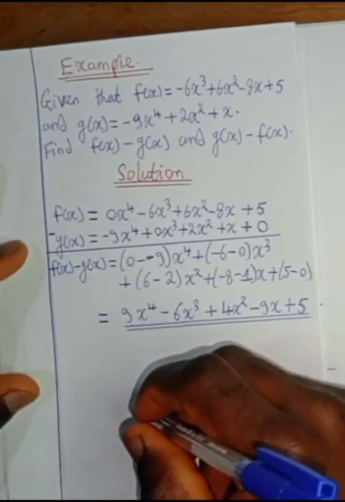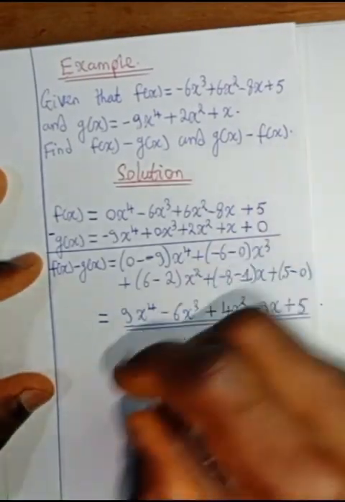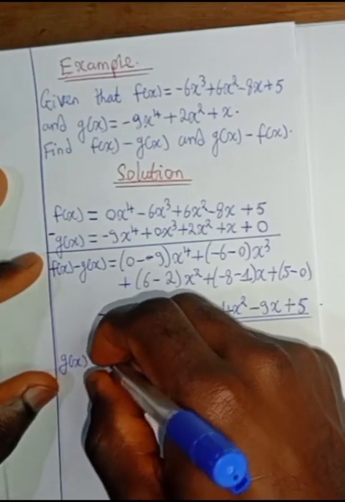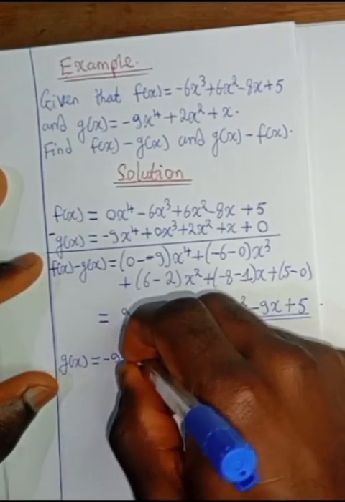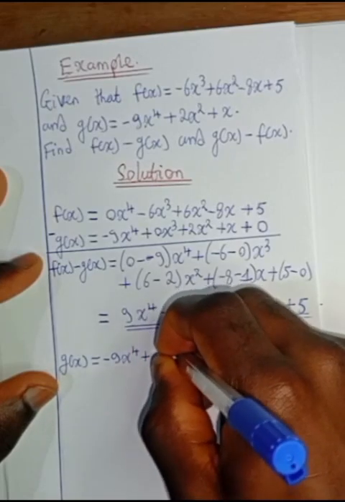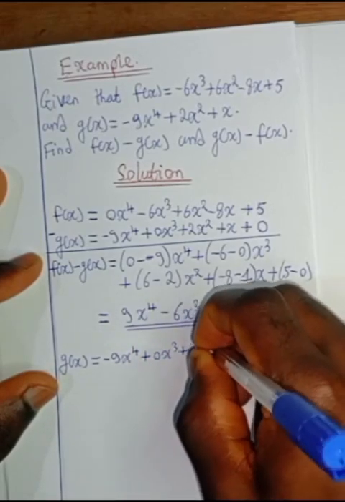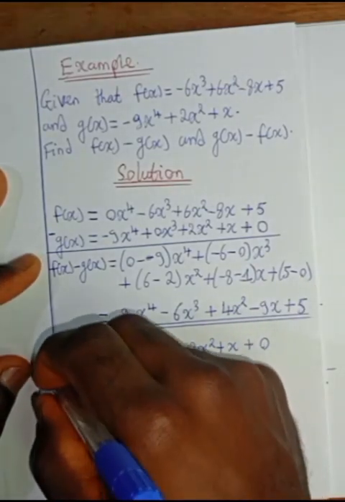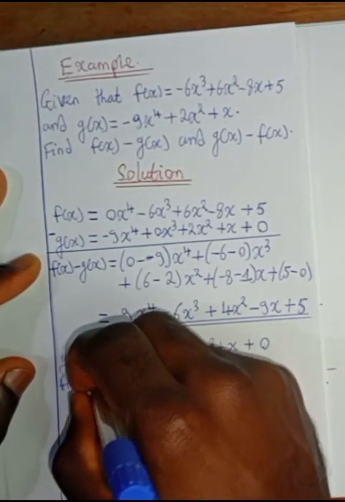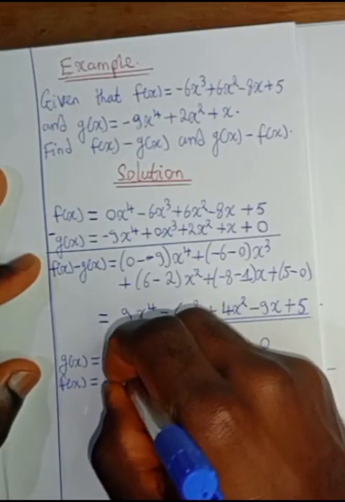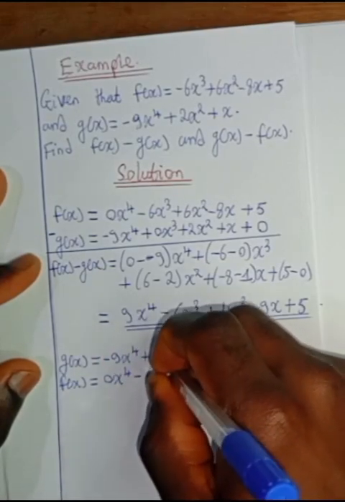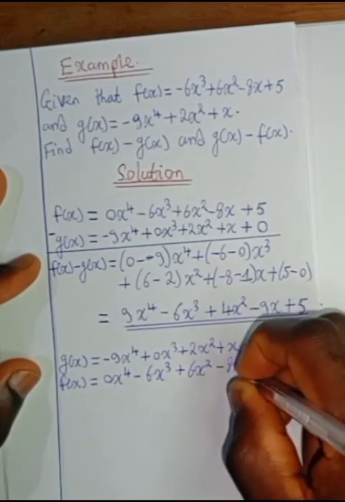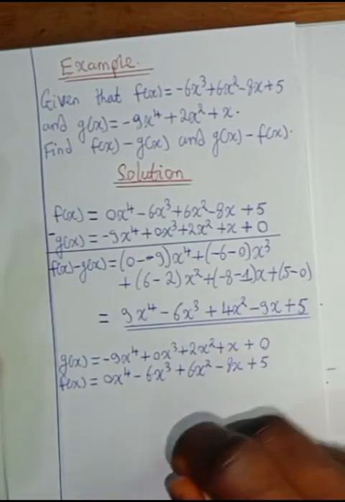We go now to find g of x minus f of x. Right, the polynomial g of x is equal to negative 9x to the power 4 plus 0x cubed plus 2x squared plus x plus 0. We write the polynomial f of x, which is equal to 0x to the power 4 minus 6x cubed plus 6x squared minus 8x plus 5.